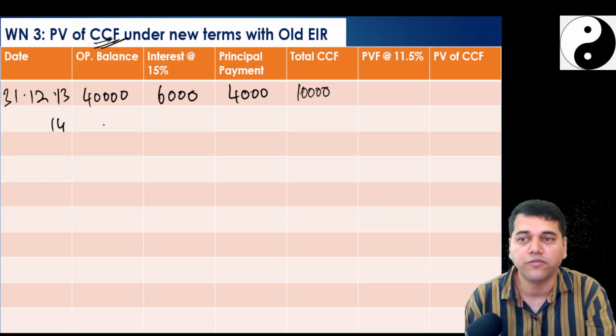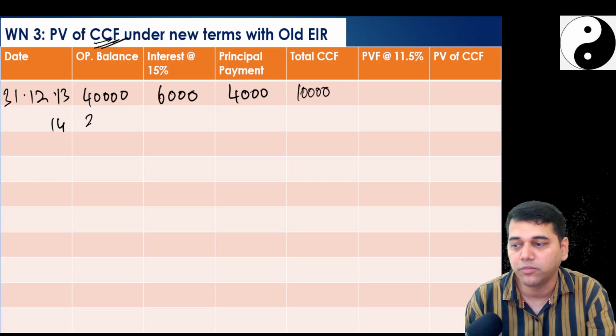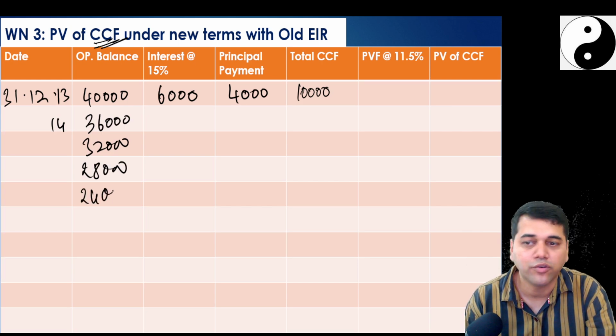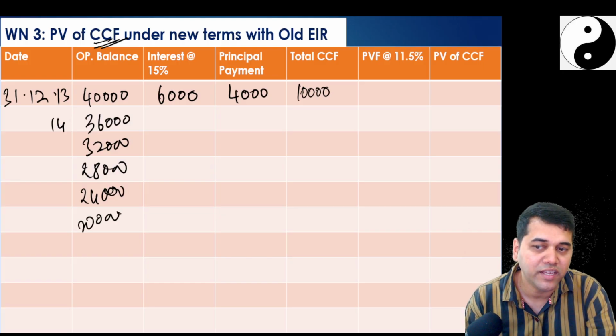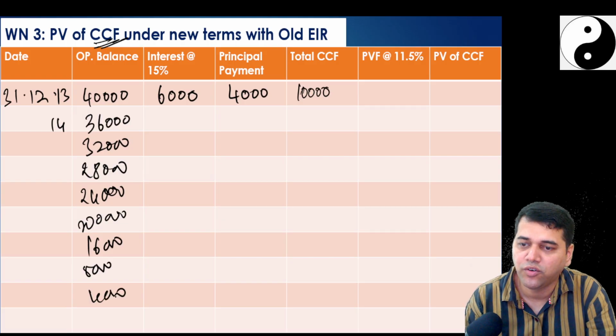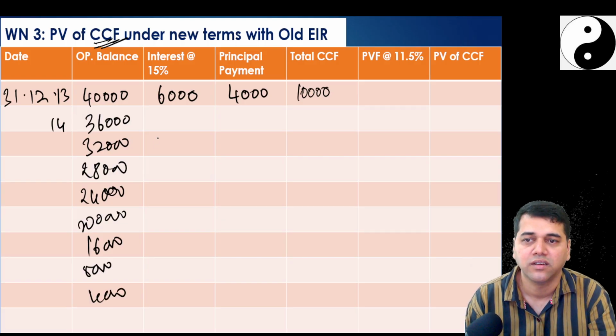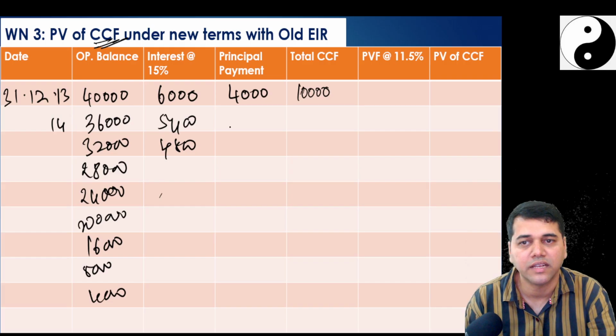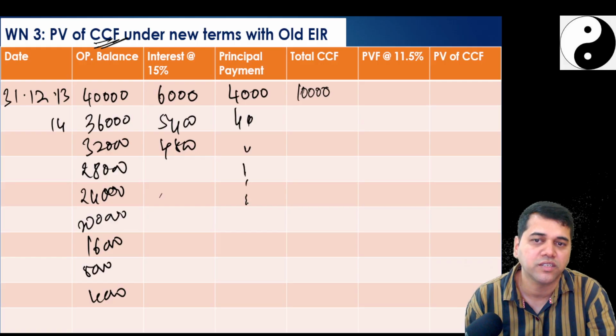On 31st 2014, the opening balance of the loan becomes 36,000. Then I told you, there is a pattern: 32, 28, 24, 20, 16, 8, 4 and dash. Interest will be 5,400, 4,800, and so on. Principal repayment will be the same, 4,000 fixed.